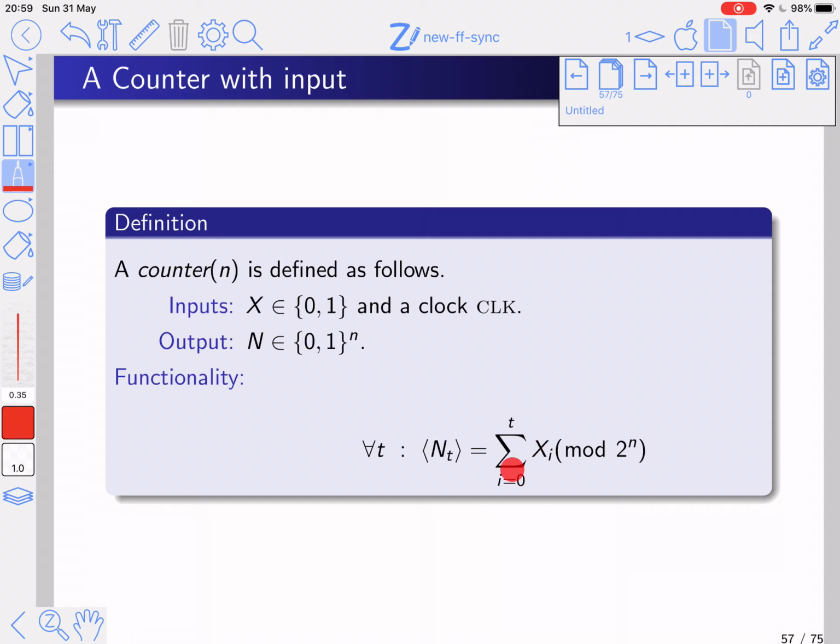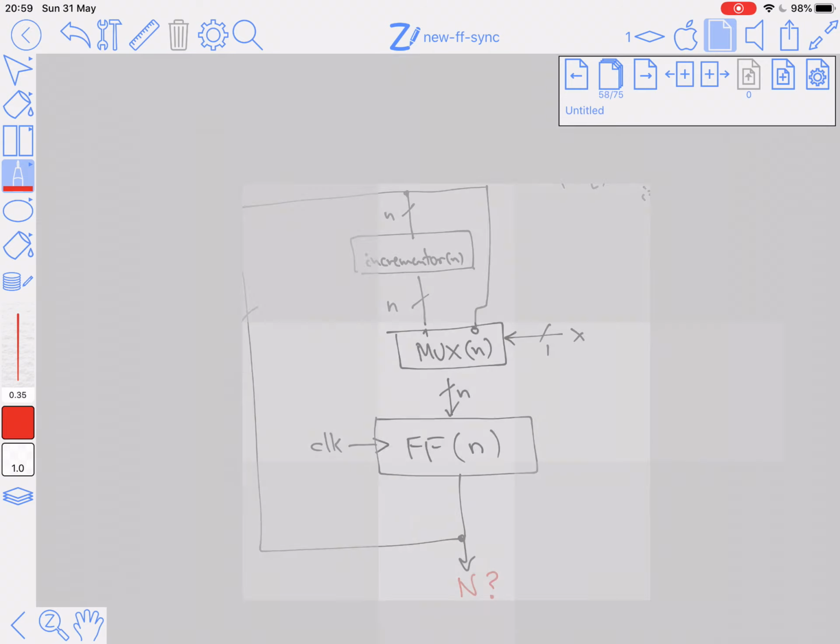If it was 1, we add these numbers and take mod 2 to the n. This is what we want n of t to represent in binary representation. So instead of just counting 1 by 1 in every clock cycle, we count only if x equals 1.